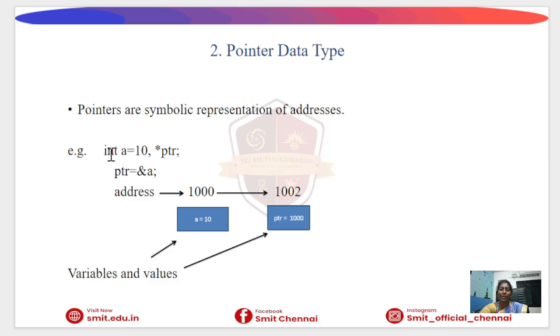For example, int a = 10, then int *ptr = &a. Here a stores the value 10, and &a is the address of a. The ptr stores that address. This is the pointer. Pointers are very important in embedded systems for register access.